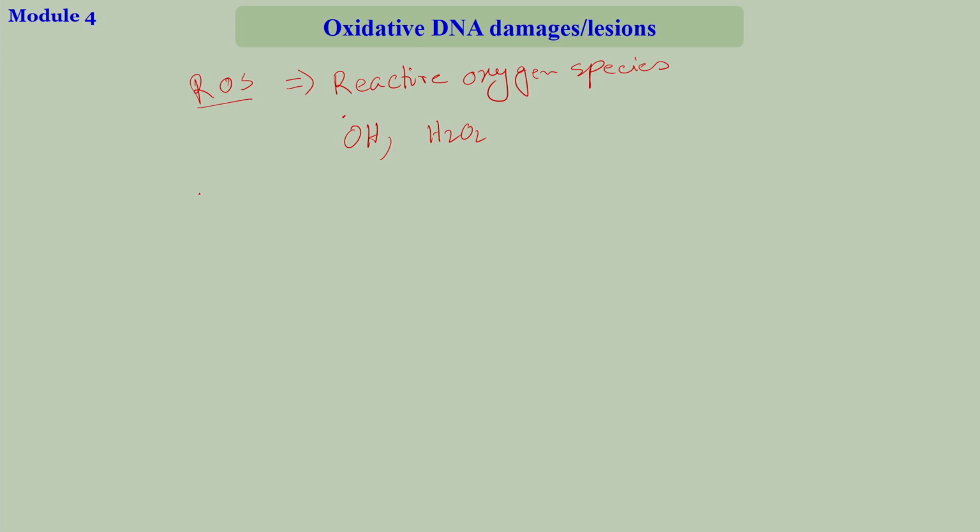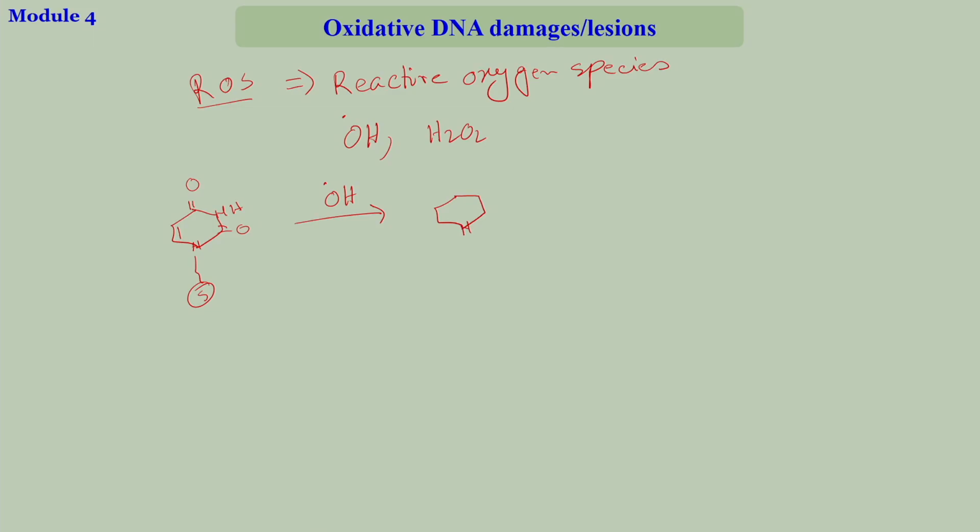So, if you have the sugar here, and if you have uracil under oxidative conditions, they form multiple damages actually. We call them either damages or lesions.